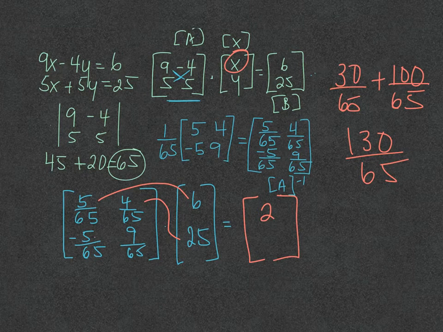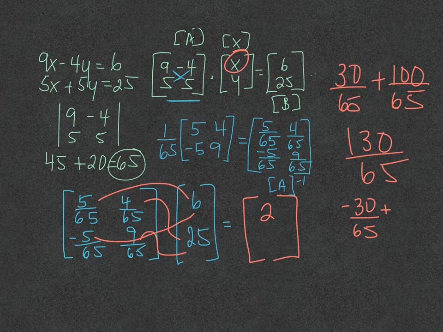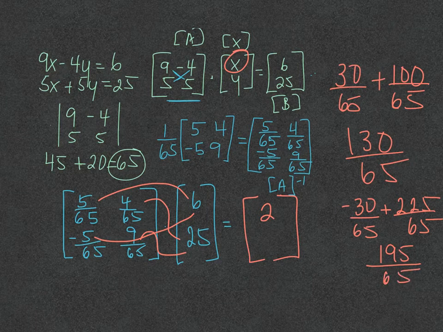What is -5 times 6? It is -30 over 65, plus what is 9 times 25? We get 225 over 65. So minus 30, we get 195 over 65, which gives me 3.